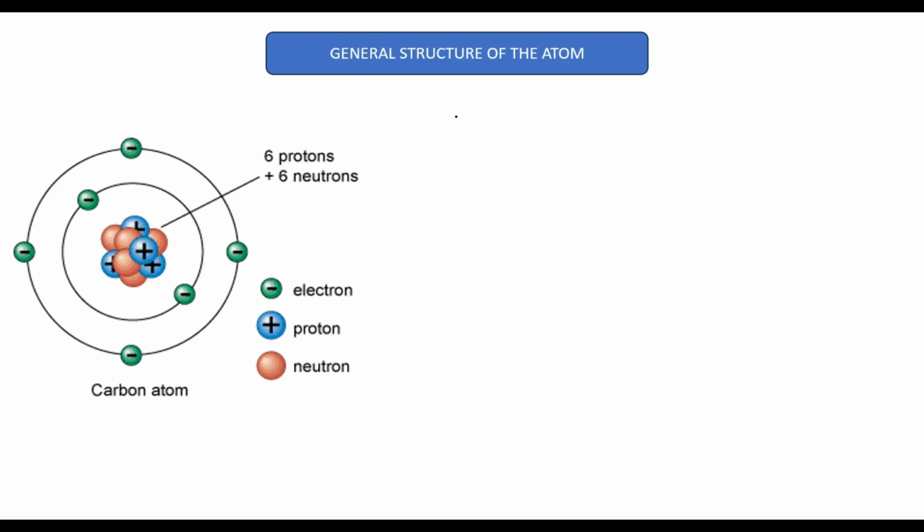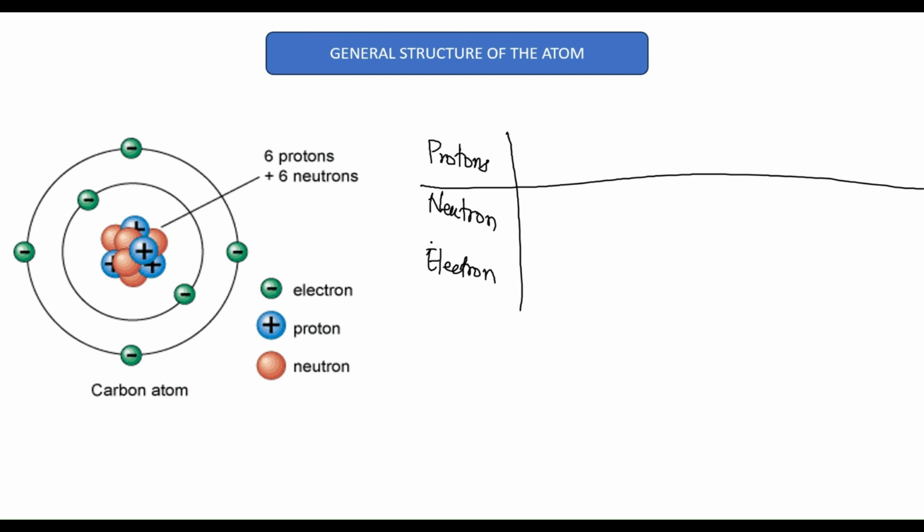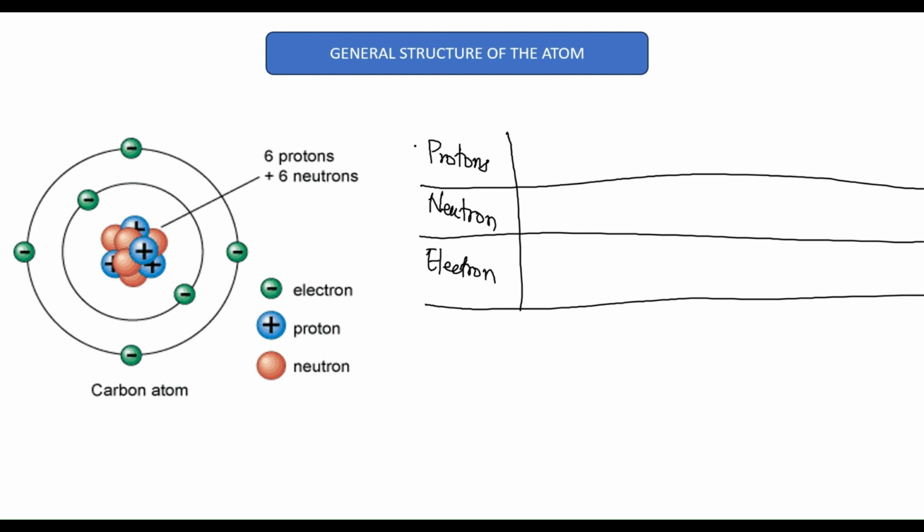We talked about protons, the neutron, and the electron. So we are now going to find the differences between them. These three particles are the particles found within an atom.